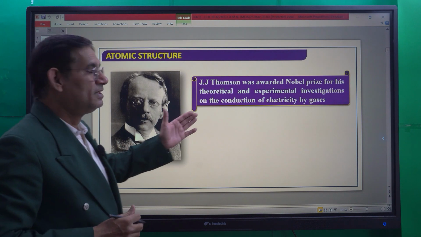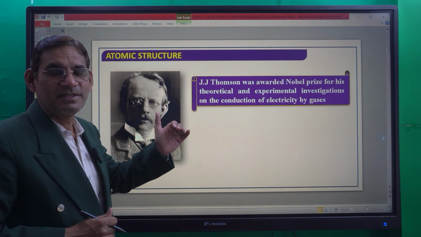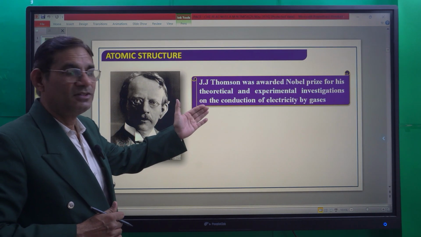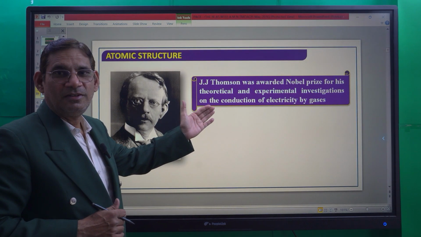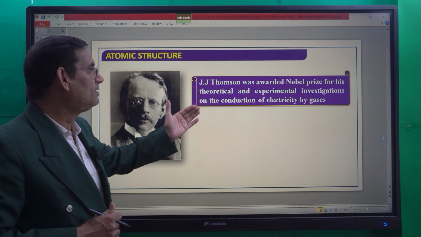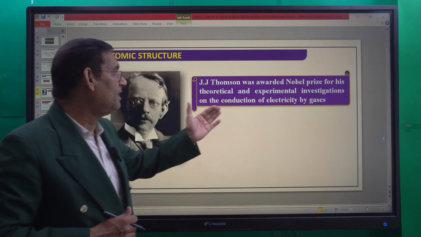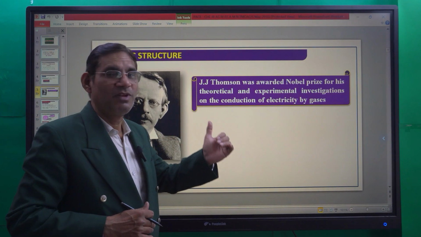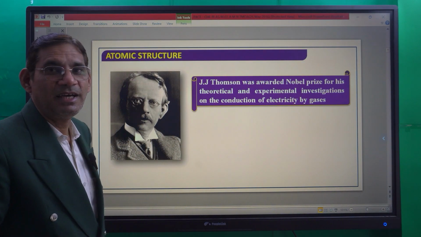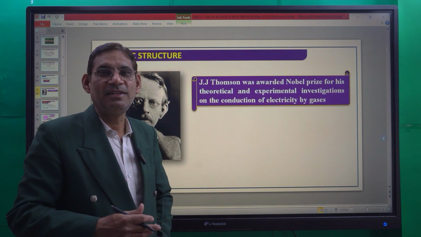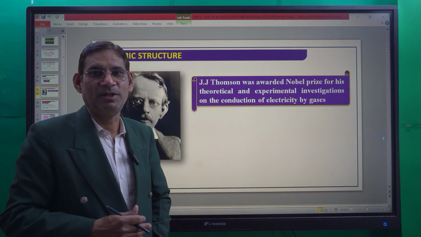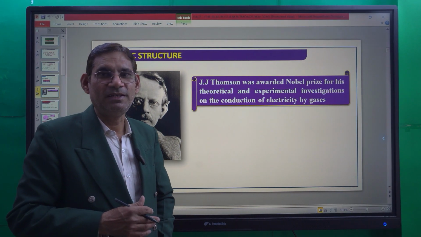Thomson received the Nobel Prize for the theoretical and experimental investigation on the conduction of electric current by gases, as we have done yesterday in the cathode ray discharge tube experiment, which was performed by Sir J.J. Thomson.